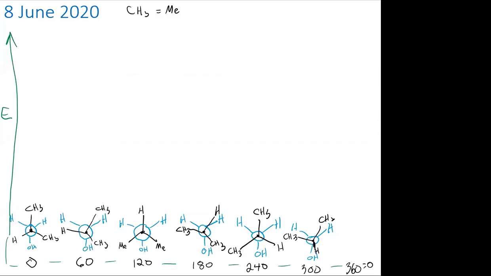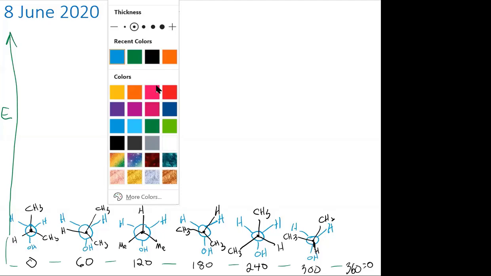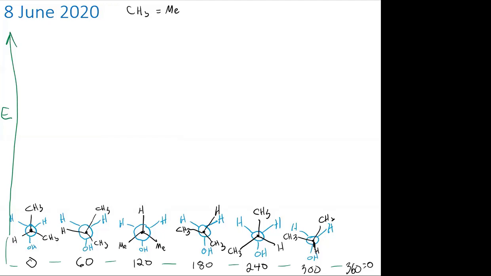So we're going to think of this in terms of an energy diagram. The y-axis, as in an energy diagram, is always energy, and the x-axis in this case is going to be degrees of rotation. What we need to do is analyze the sources of strain in our molecules.